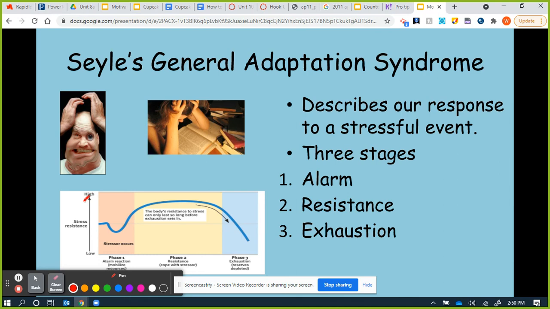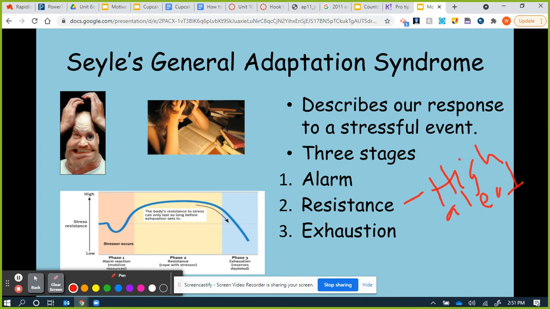All right, once we are just in the process of dealing with the stressor, this is what is called the resistance phase. Our body is basically just maintaining high alert. And eventually, we can only deal with stress for so long.